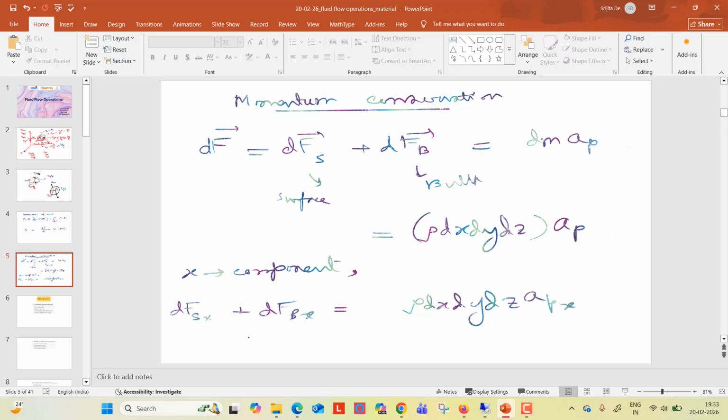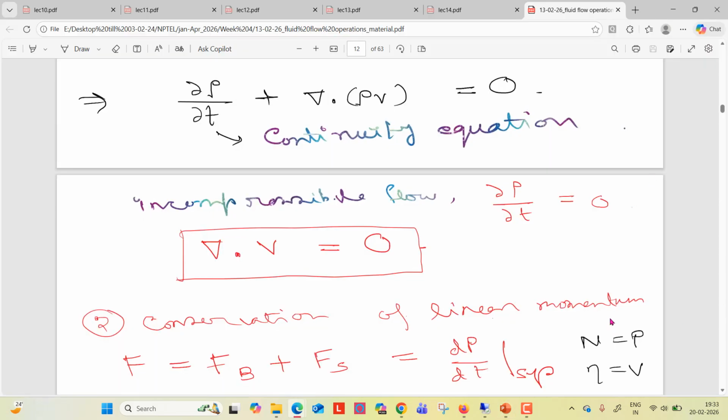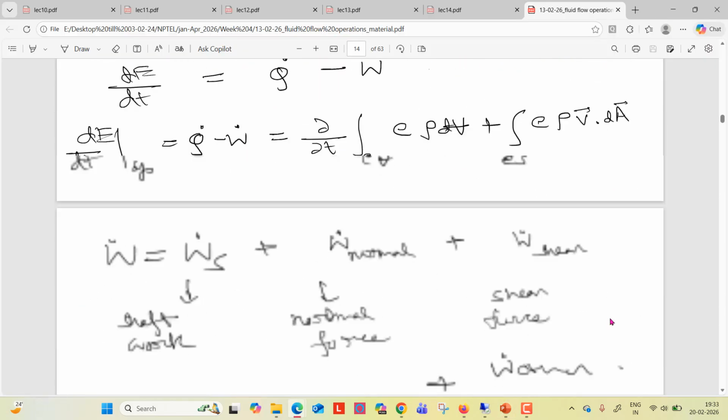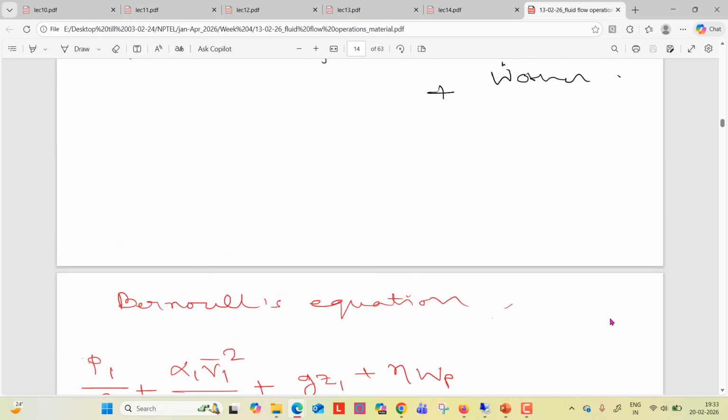In the last class, or the last to last class, we learned what the total acceleration is. I am not going into that, so please go through those lectures.